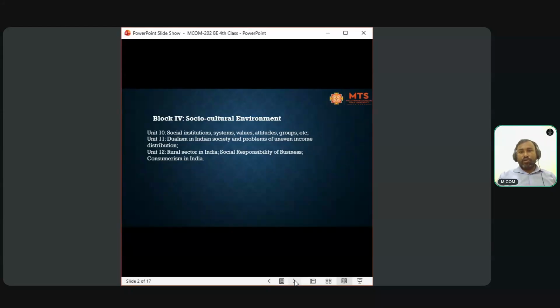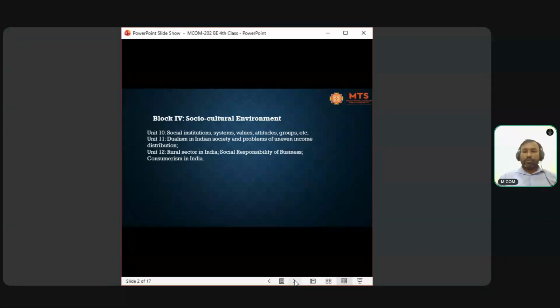Unit 10: social institutions, systems, values, attitudes, groups, etc. Unit 11: dualism in Indian society and problems of uneven income distribution. And Unit 12: rural sector in India, social responsibility of business, consumerism in India. So we will discuss these units.